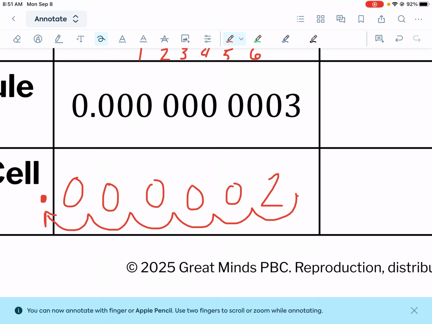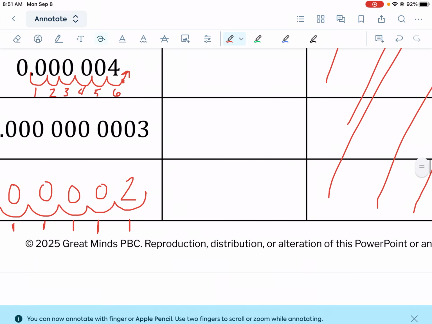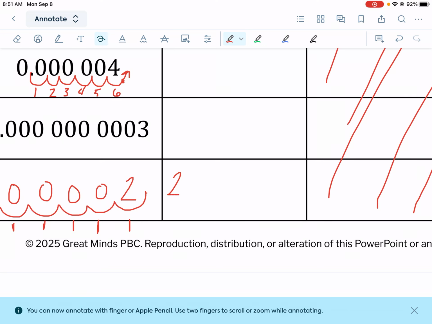Just to determine the place value right quick, here's tenths, hundreds, thousands, 10,000s, 100,000s, millions. So this place value for this 2 here will be 2 millionths.